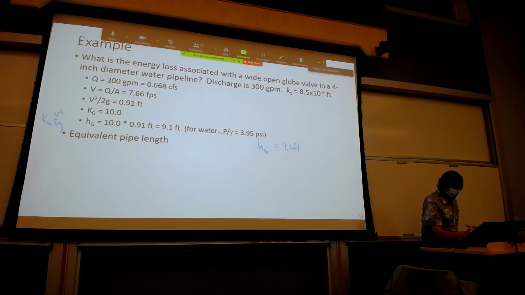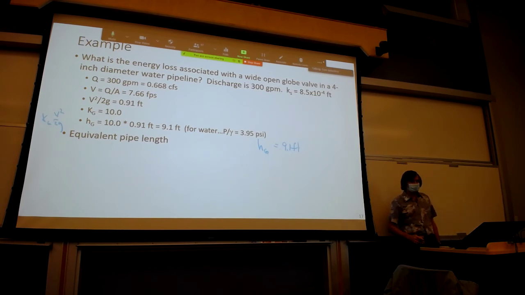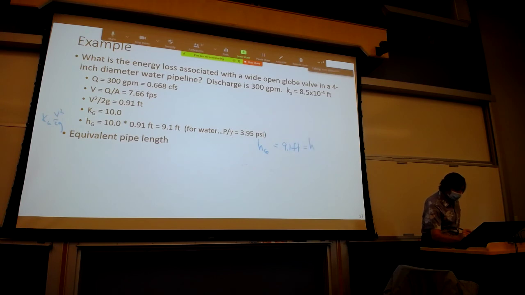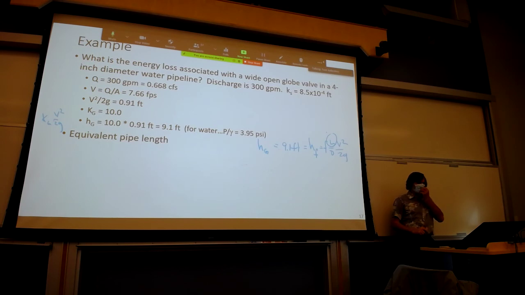And you can see I also converted that to 3.95 psi. What we're going to do is say, if that was due to just friction, what would be the length of pipe that would cause that amount of friction loss?